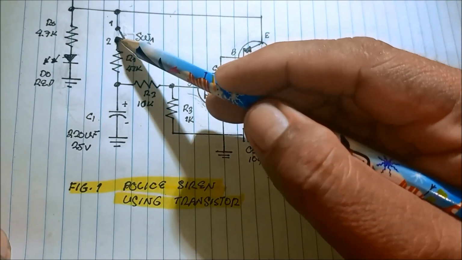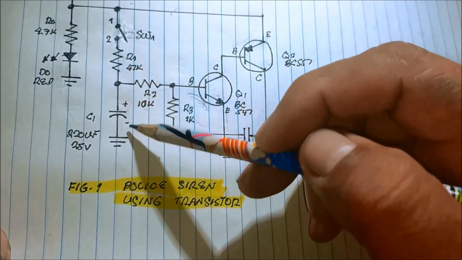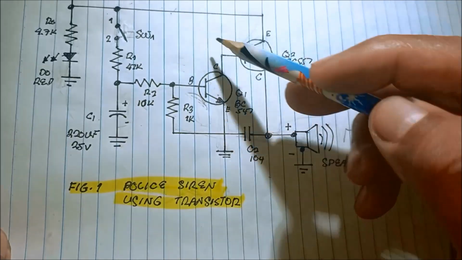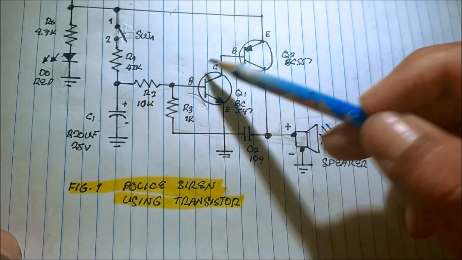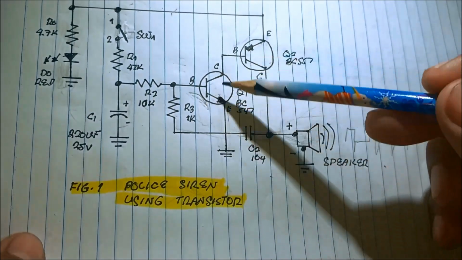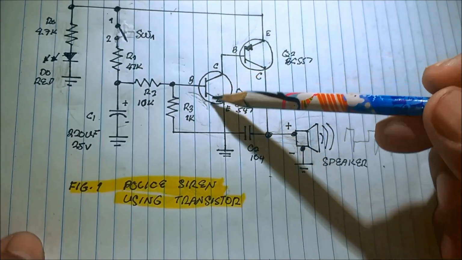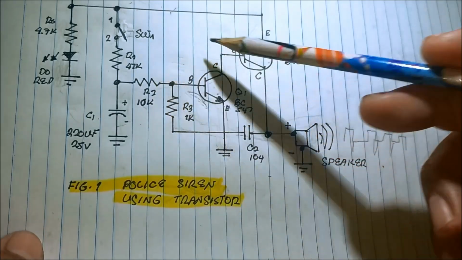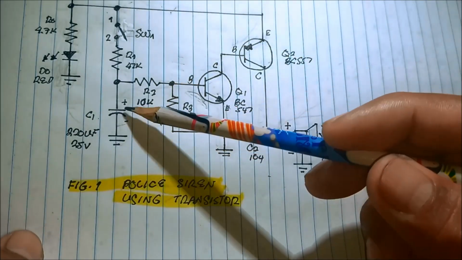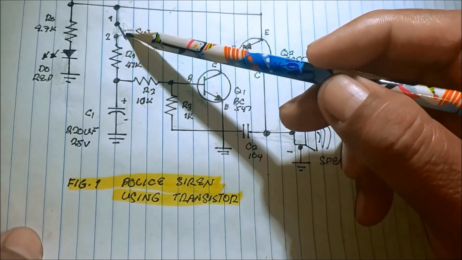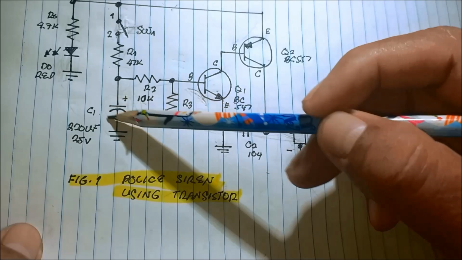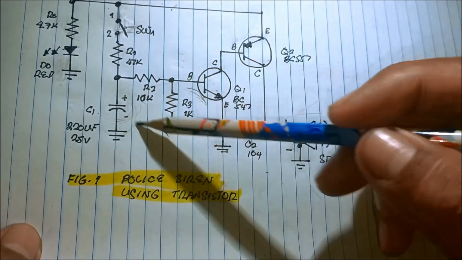Once we release the switch, the only power we have is from the capacitor, so it will make the sound fade, slowly turning off the sound, because when we release the switch, the capacitor now acts as the supply to the circuit.